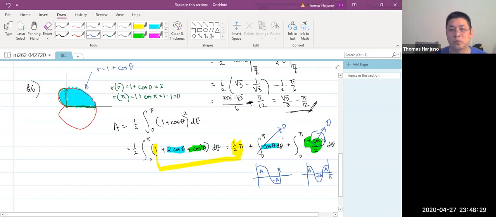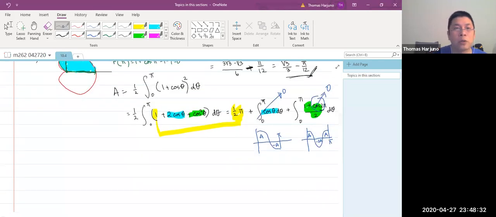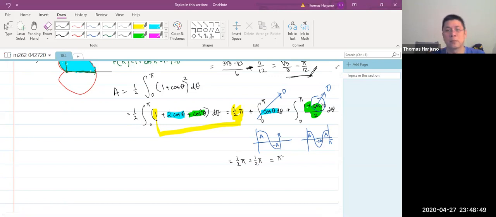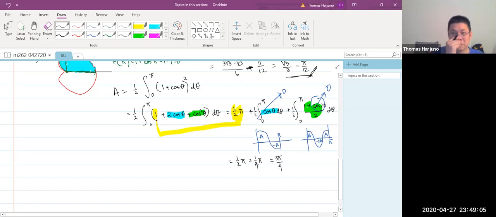So if I go on with computation, I will get 1/2 pi plus another 1/2 pi, that equals pi. I think I forgot the 1/2. My bad. So I should put 1/2 here, another 1/2 here. So this should be 1/4. So it's 3 pi over 4.